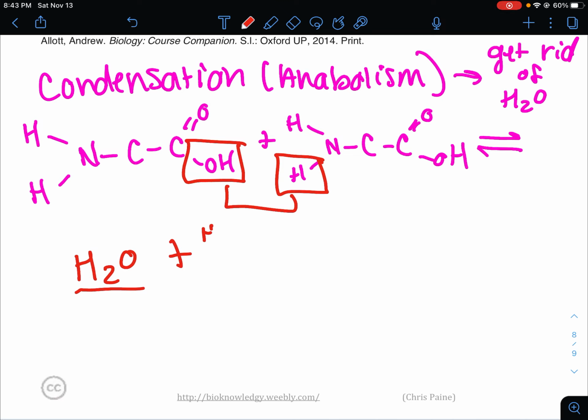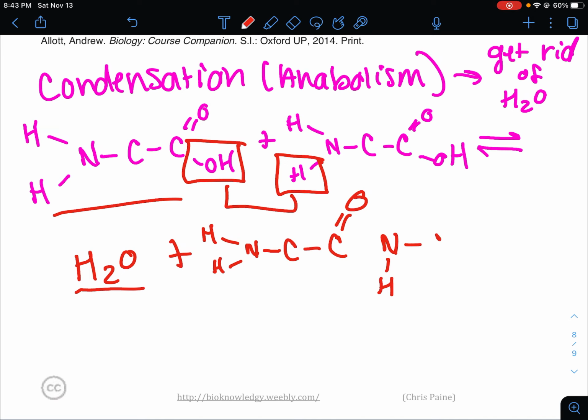So what you end up having is a dipeptide being formed, because for this one, all you have left is this, double bonded to an O. And from this one, you lost that hydrogen, so you have N connected to a hydrogen, like that. So what happens is a bond forms between this carbon and this nitrogen to make sure that this carbon has 1, 2, 3, 4, and this nitrogen has 1, 2, 3, so that they're happy.